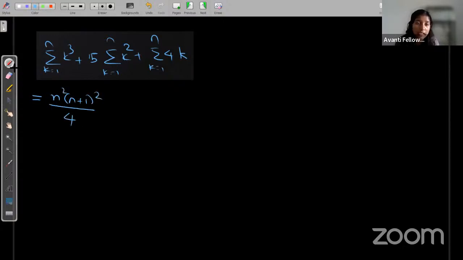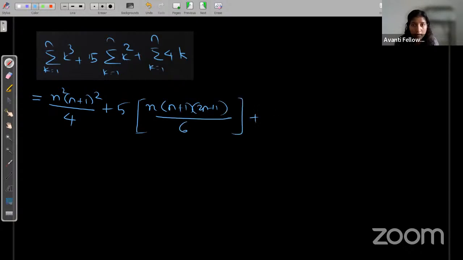This we have seen in our previous slides. Plus 5 into the sum of the squares of first n natural numbers, which will be n into n plus 1 into 2n plus 1 divided by 6, plus 4 into the sum of first n natural numbers, which will be n into n plus 1 divided by 2.